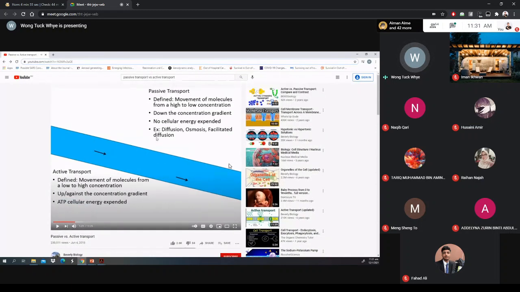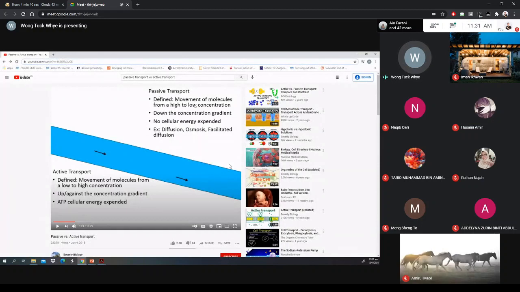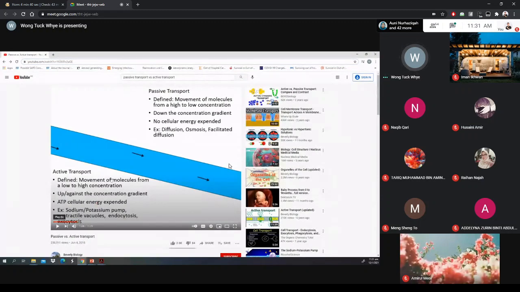It is already summarized. For the passive transport, you will have a movement of molecules from the higher to lower concentration, so you follow the gradient. Then you do not need energy. Examples are diffusion, osmosis, and facilitated diffusion.